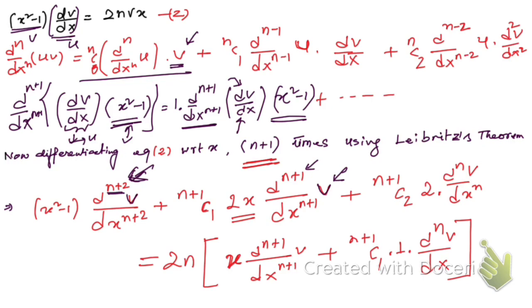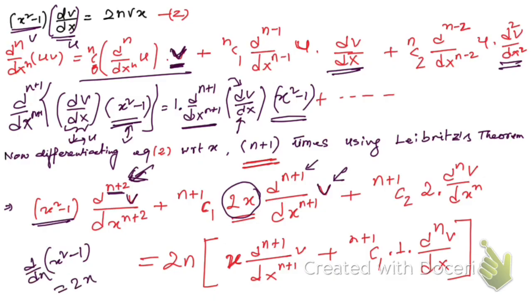So here you see, here we have taken v simply without any differentiation. Here we have taken first order derivative of v, and here we have taken second order derivative of v. Similarly, here we have taken this x square minus 1, then first order derivative of x square minus 1, that gives twice x, right?